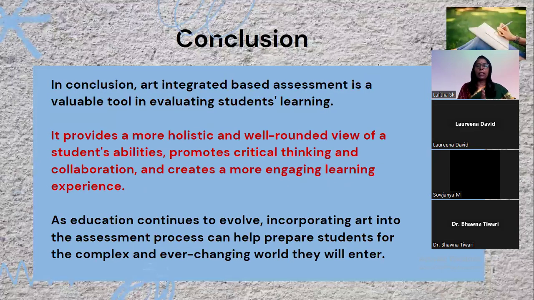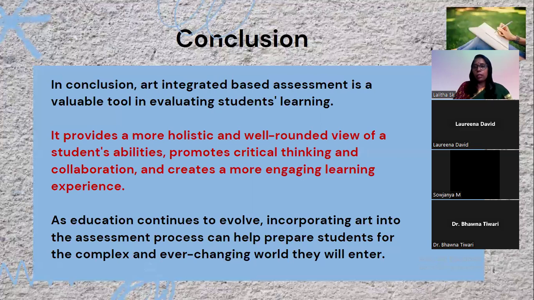So let us go to the conclusion part. Art integrated based assessment, AIBA, as I have put it in very simple terms, is a tool for evaluating your students' learning, how much they have grasped, and what your achievement is in teaching them. What have you achieved by teaching the given topic for the day?